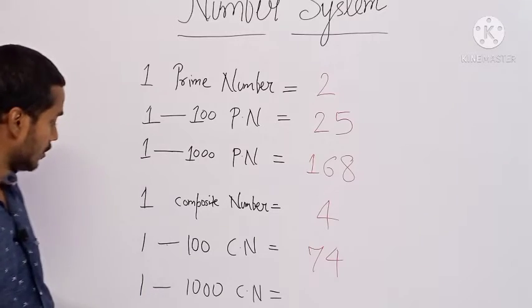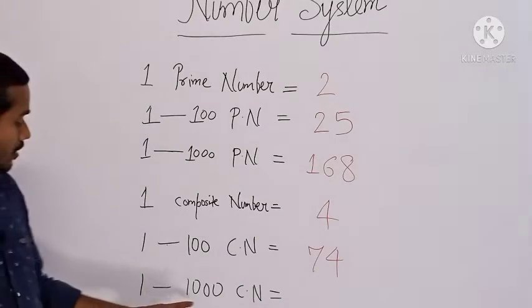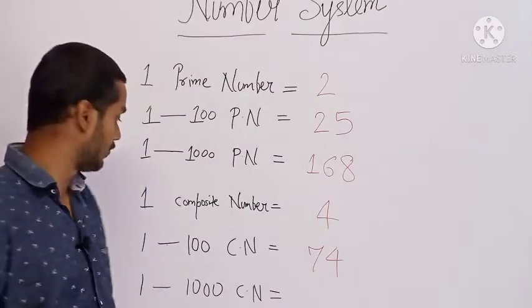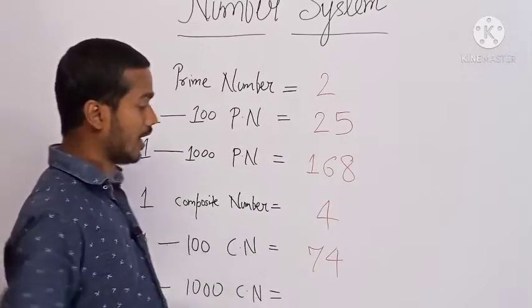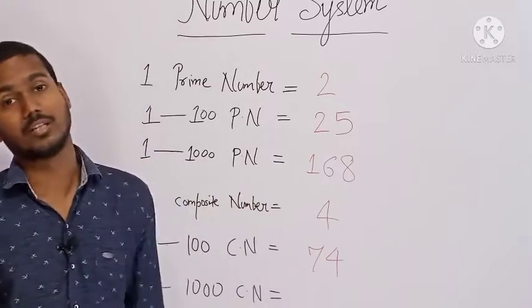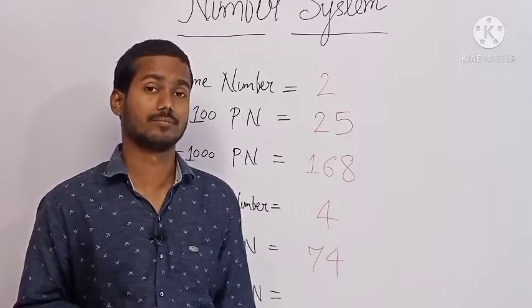And if you check 1 to 1000, how many composite numbers are there? There are a lot of composite numbers between 1 to 1000.